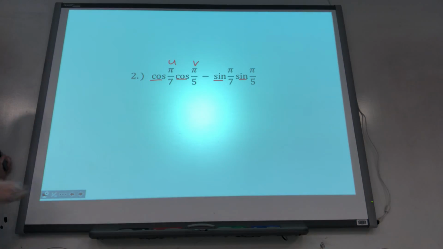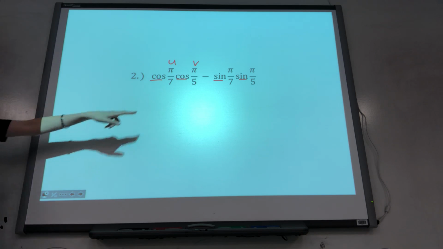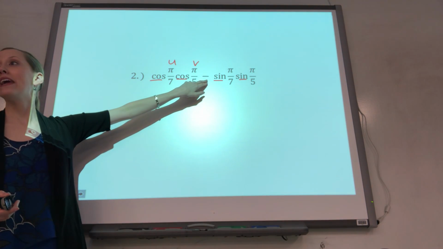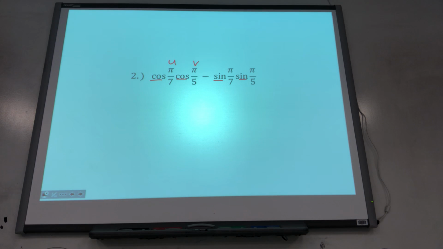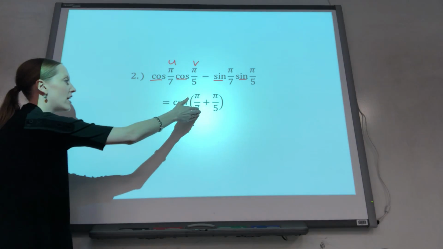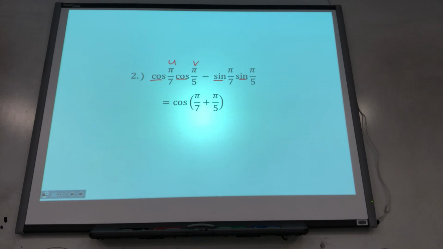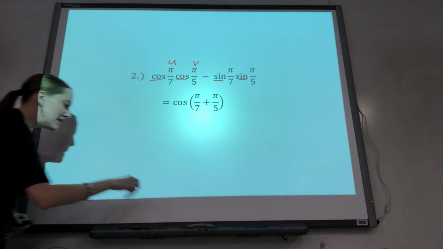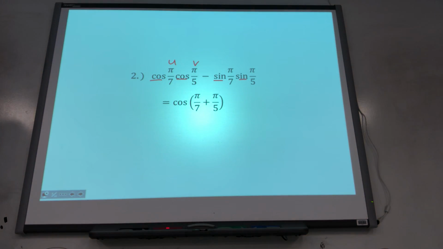The V is pi over 5. Now be careful, even though there's a minus right here, it's matching up to the cosine of U plus V formula. So we need to put cosine of pi over 7 plus pi over 5.